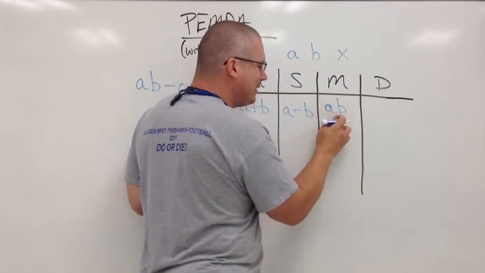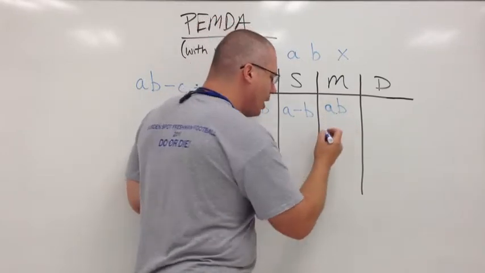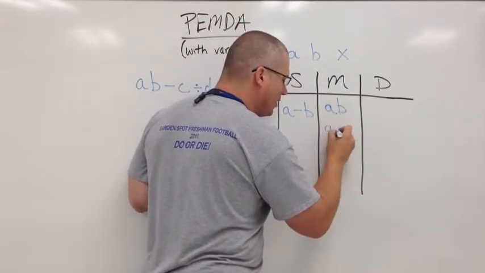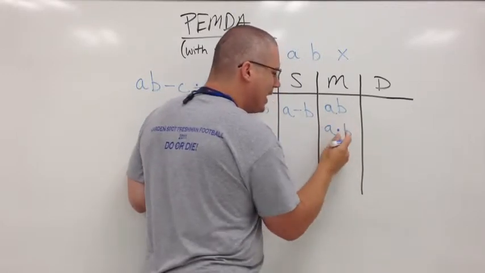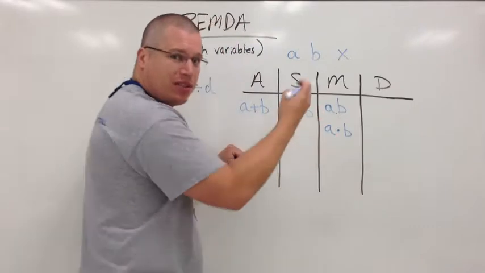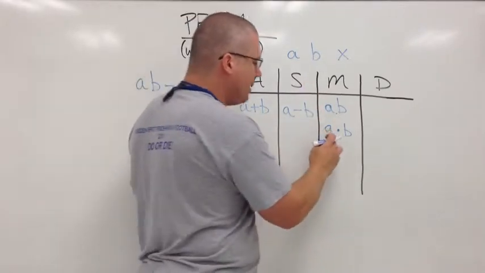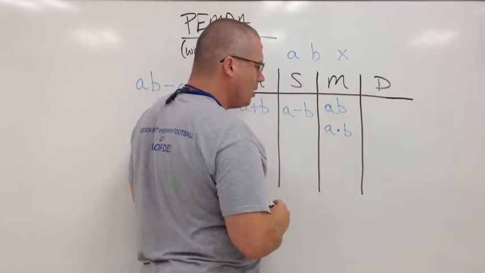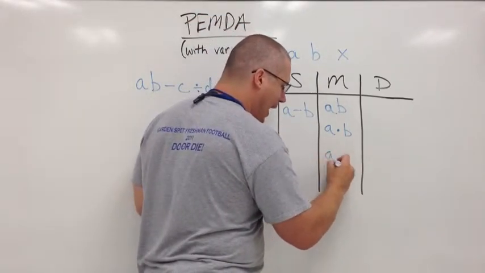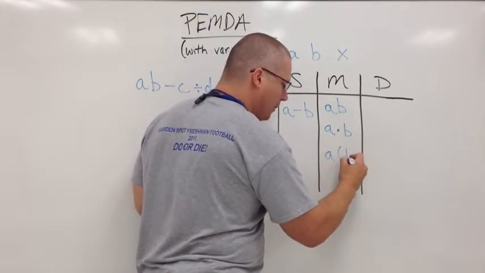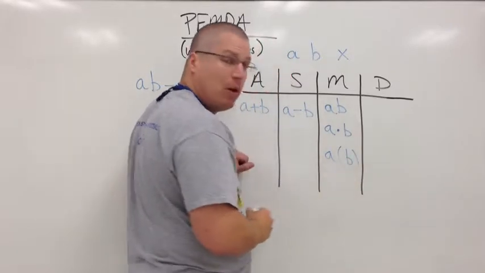So this means A times B. Another way you might see is A with a dot and a B. Now notice it's not a decimal, it's in the middle, it's not at the bottom. So this could mean A times B. Sometimes parentheses get used to mean multiply. I could have A, parenthesis, B, and that could mean multiply.